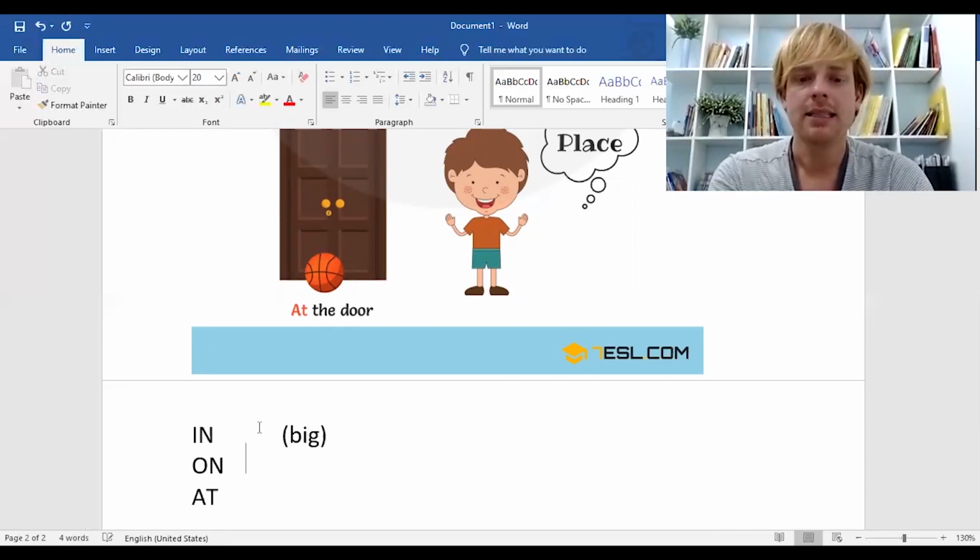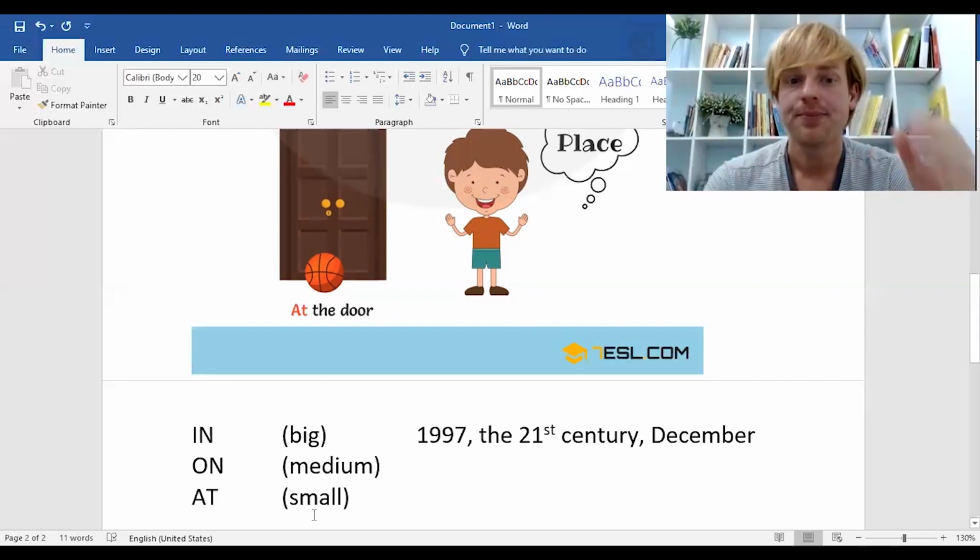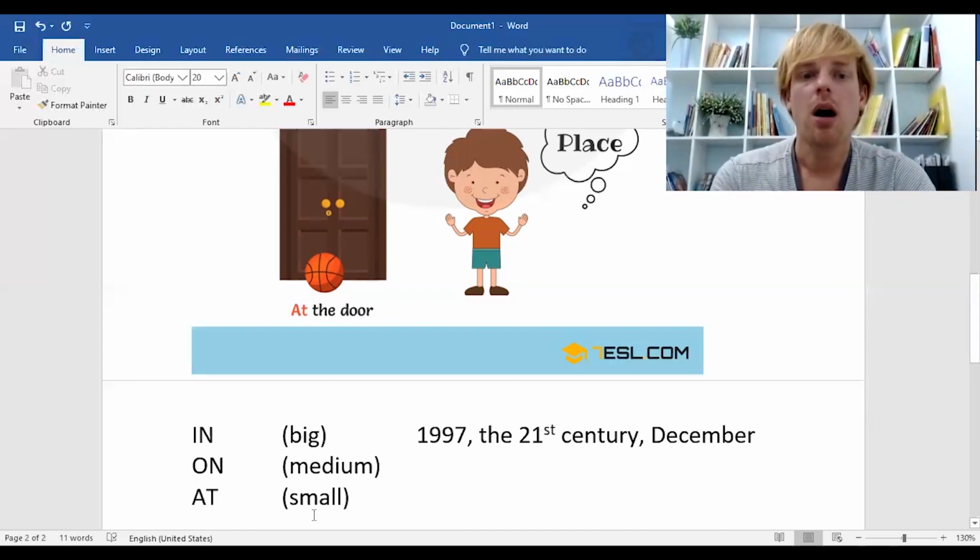"On" is medium. And "at" is small. Okay, if you're talking about time, in 1997. In the 21st century. In December. All right, big ones. Medium, on Wednesday.